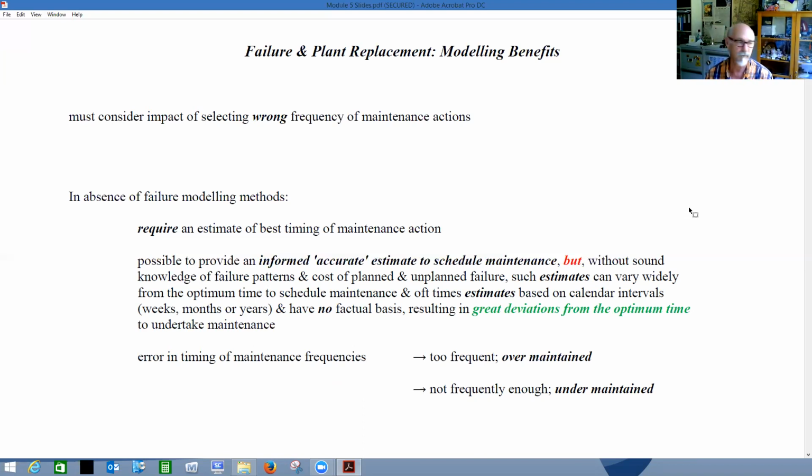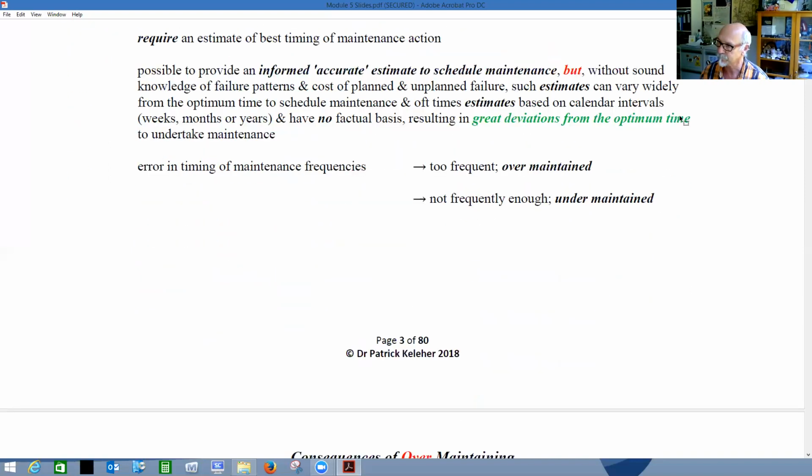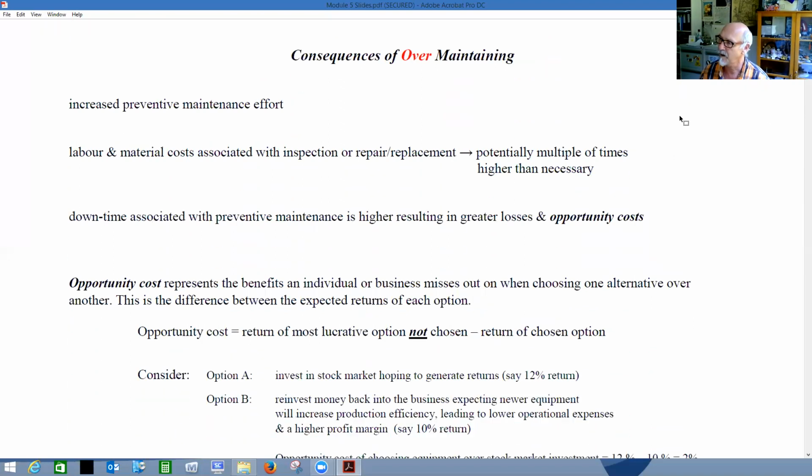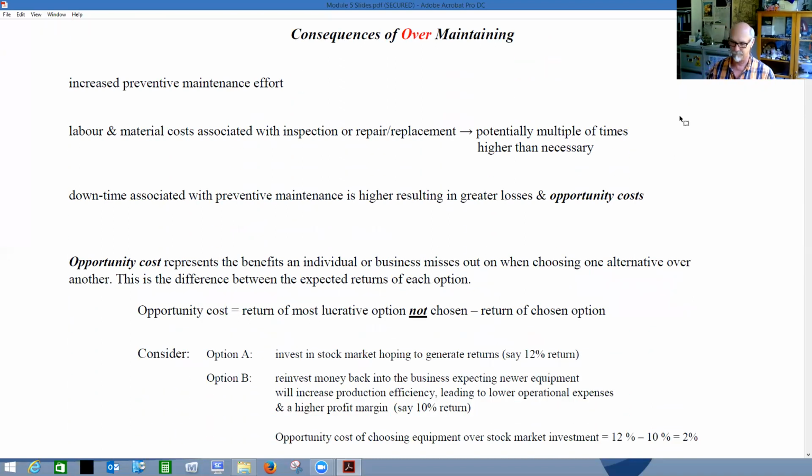So the error in timing of your maintenance frequencies, as I say, if you do it too frequently, you're over-maintaining. If you don't do it frequently enough, well, it's under-maintained, and you're going to have more stoppages, breakdowns, that type of thing. So the consequences of over-maintaining: there's an increase in preventative maintenance effort because you're forever maintaining this thing, and how often is it actually operating?